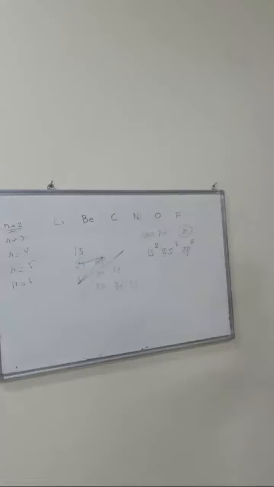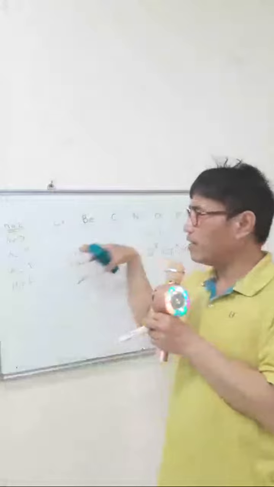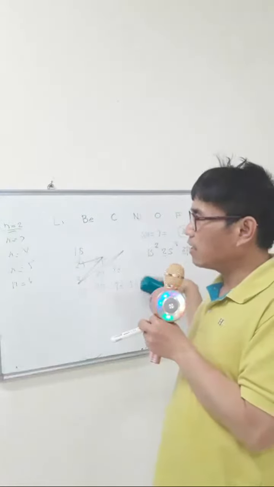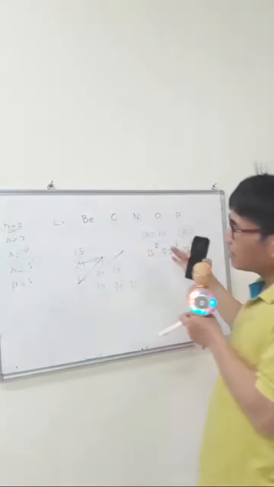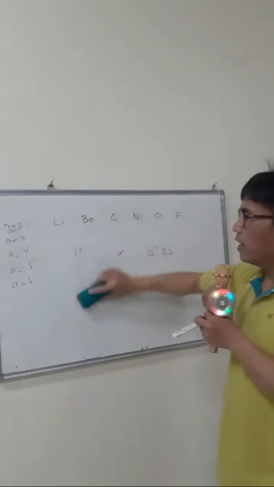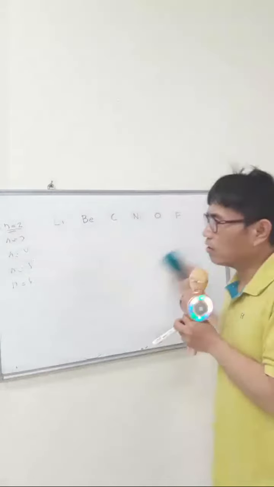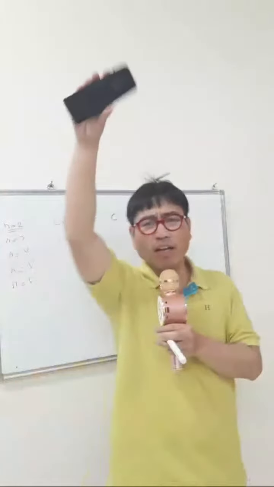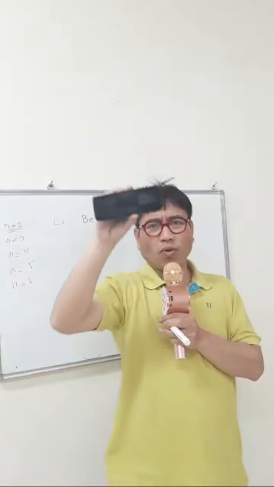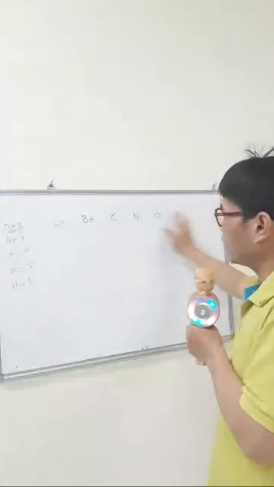That's why they are all in the same row, the second row from the top. The energy level goes from top to bottom: 1, 2, 3, 4, 5. So basically these are all under the second energy level.